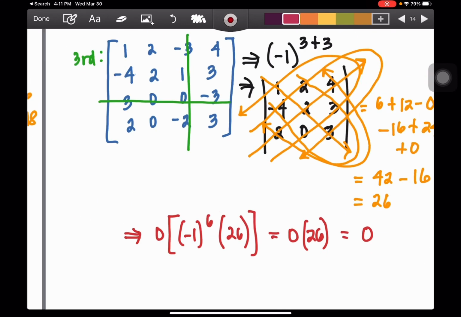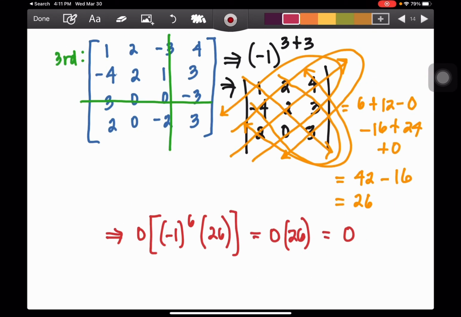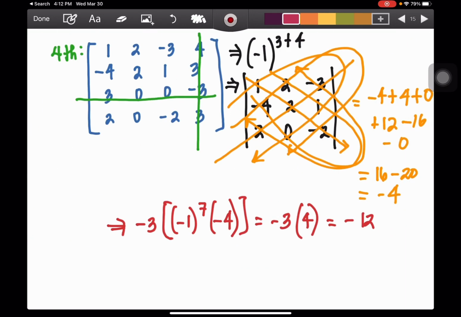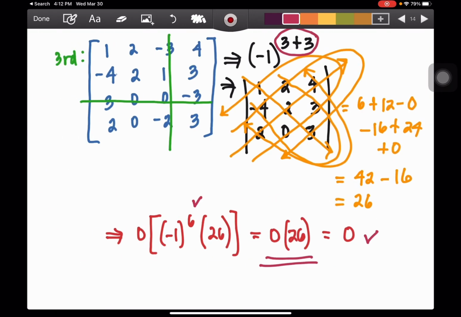Okay, we have now the third case. So we're consistent again with the third row. So let's proceed to the third column. So that you have 3 plus 3 and the exponent is 6. Again, negative 1 is raised to an even number. So it's equal to positive 1 times 26 is 26 times 0 is equal to 0. By the way, this is 0 because that's our intersection.